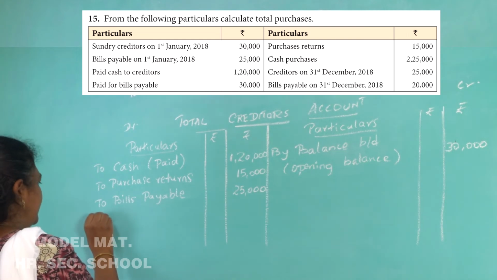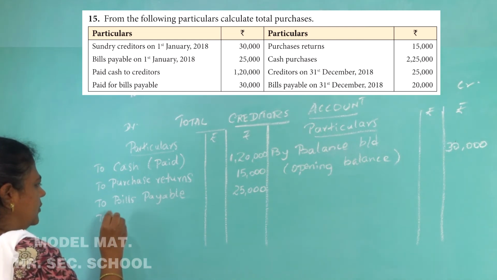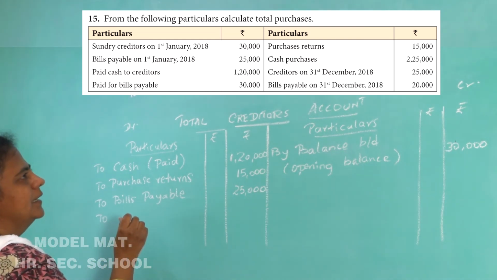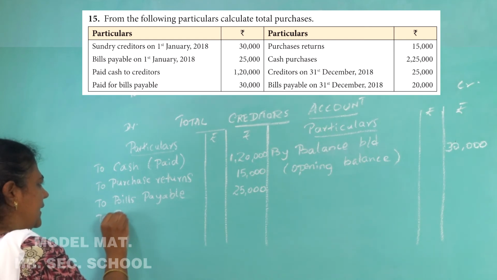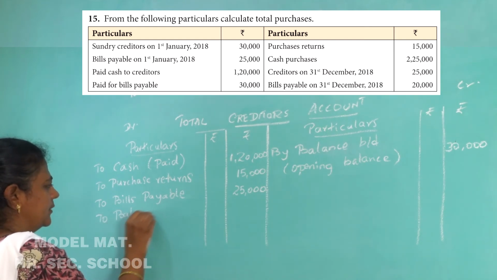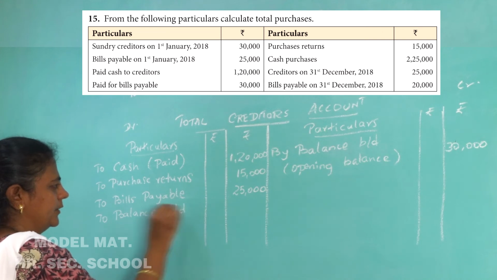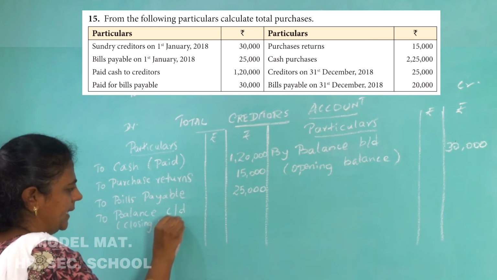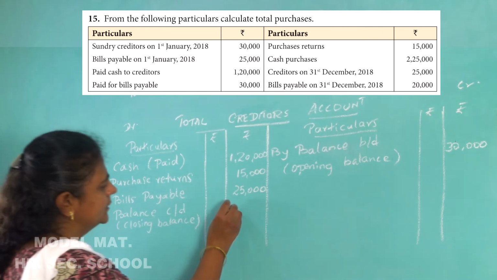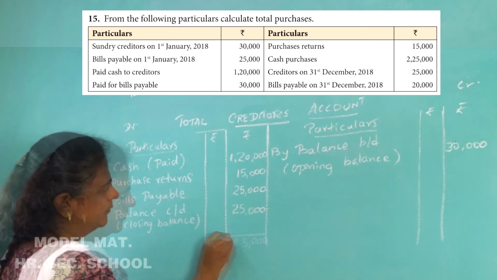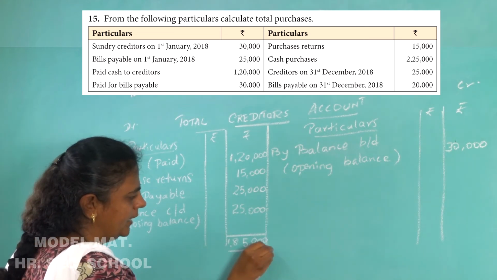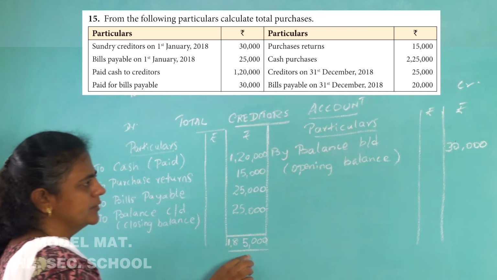Then finally your closing balance, closing creditors, sundry creditors, closing balance, that you write, to balance carried down, closing balance of creditors, 25,000. So now put this total, you will get 1,85,000.